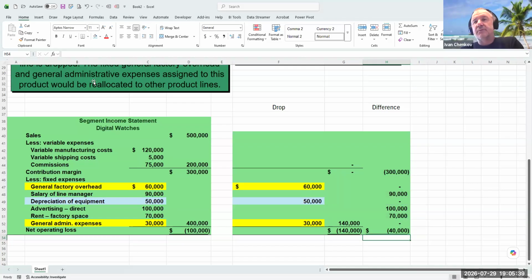So if we drop it, we're going to lose $40,000. Currently, we're losing 100. If we drop it, we're going to lose an additional $40,000. Shall we drop this division or shall we not? That will be the biggest question. Let's go to the slides and see the explanation.